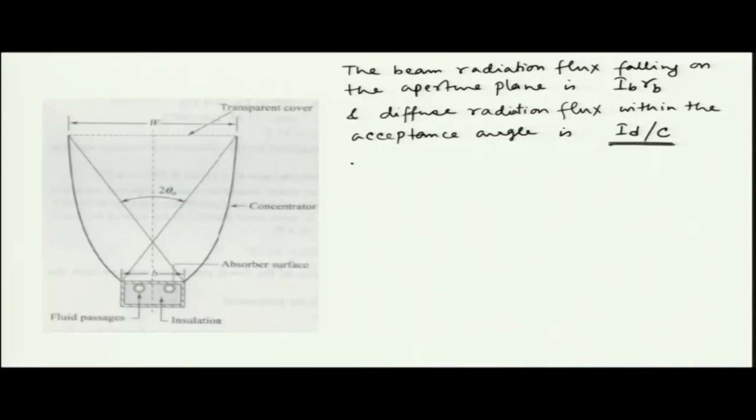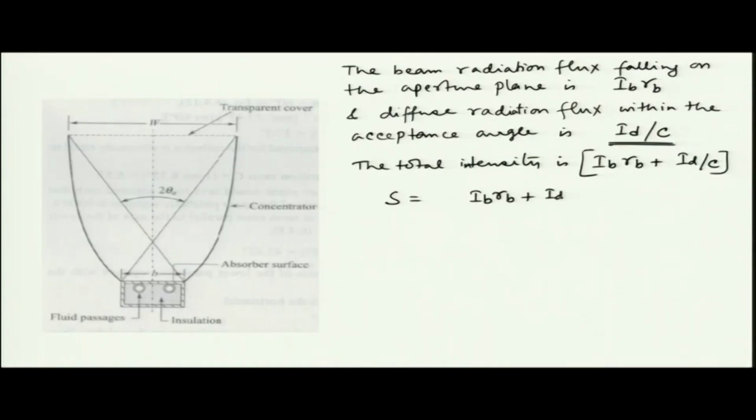Okay. So, the total intensity is IBRB plus ID divided by C, right. Now, when we know the intensity, we now know what is the absorbed radiation, what is the absorption per unit area. Okay. So, that is the total intensity multiplied by the transmissivity of the cover.